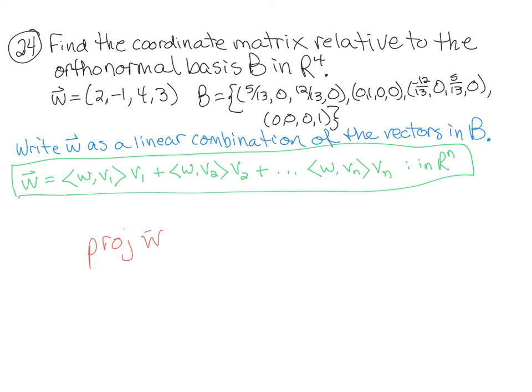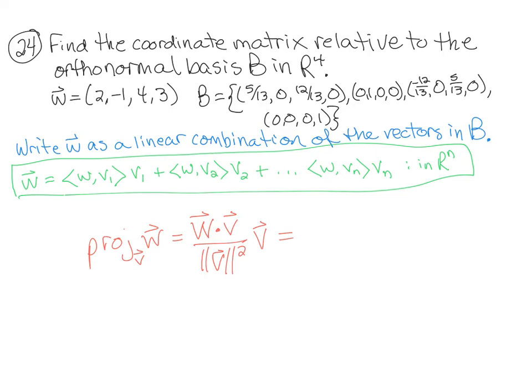Projection of W onto V1, or whichever one it is. I'm going to use my own notation just to keep it simple: W dotted with V divided by the magnitude of what I'm projecting onto squared, in the direction of V.